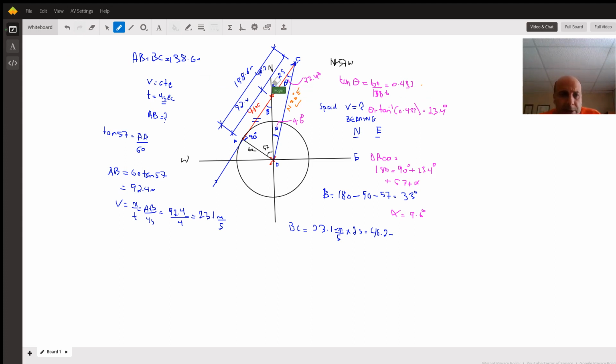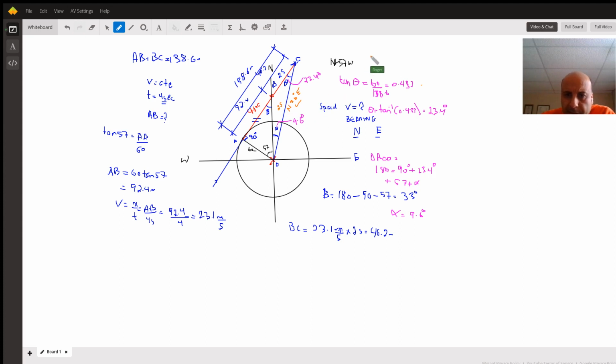Okay. Next question is, when you shot the bee, it took 2 seconds in flight, right? So you know the time it took between O and C, but the problem is asking you what is the velocity you shot the bee at with the rubber band.